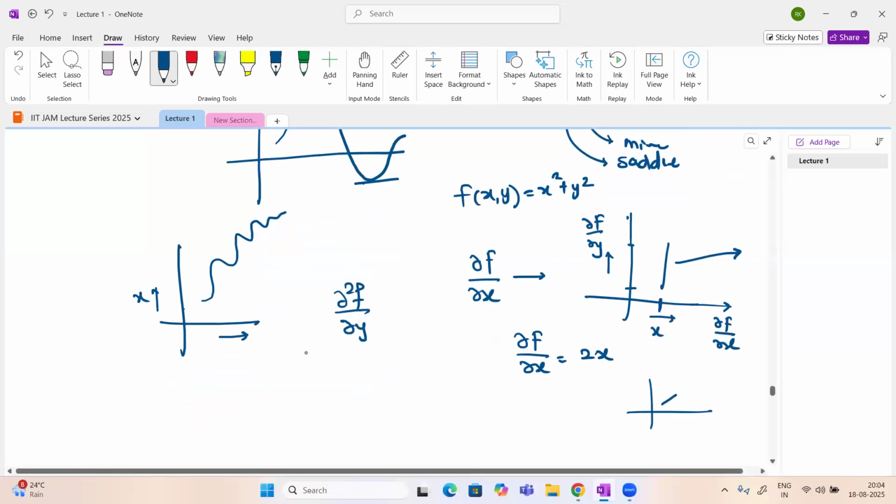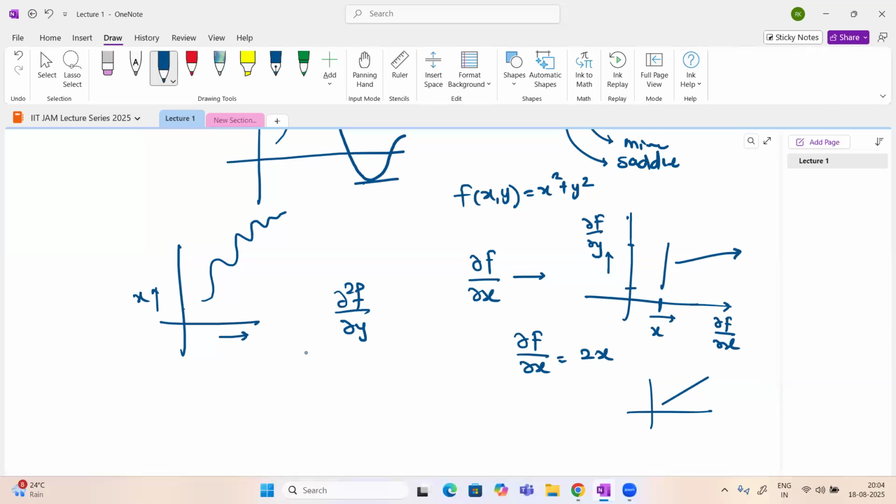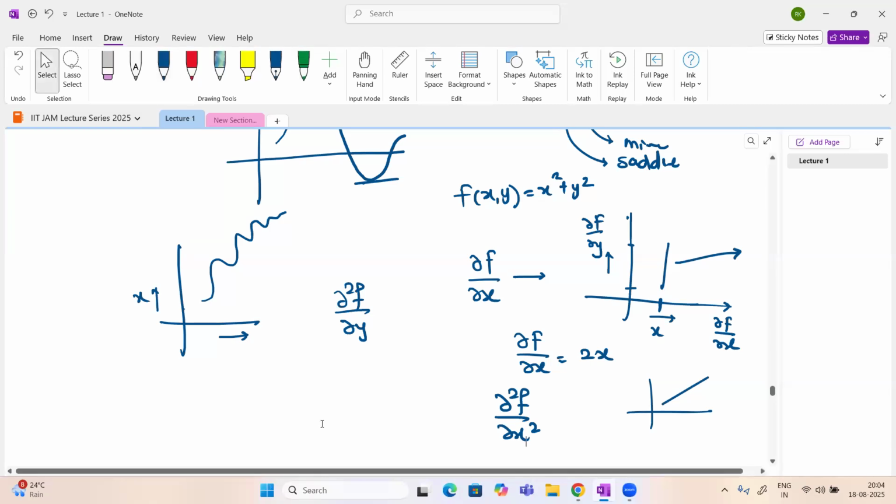Again you can plot its graph, which means again there will be changes. So that will be the second order partial derivative. Understood now? Yes, sir. Then we apply the same as the first one. Yes, you're right. Okay, sir, thank you, sir.